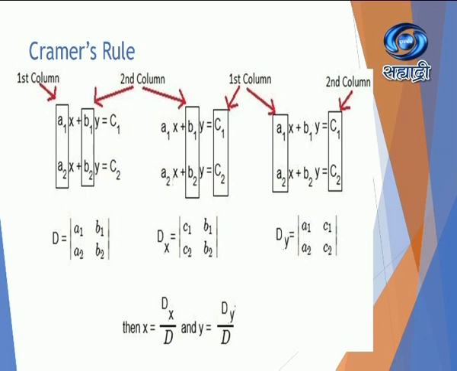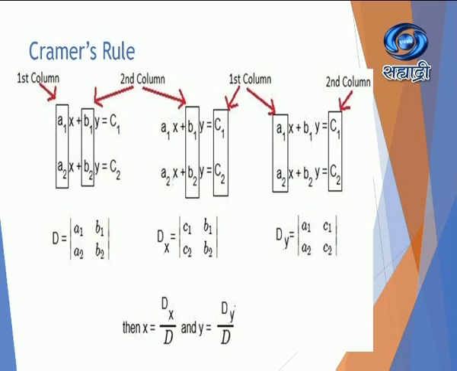So the determinant becomes c1 b1 c2 b2. For Dy, instead of taking the coefficients of y, we have chosen the coefficients of x and the constant part, that is c1 and c2. So here you get a1 c1 a2 c2.